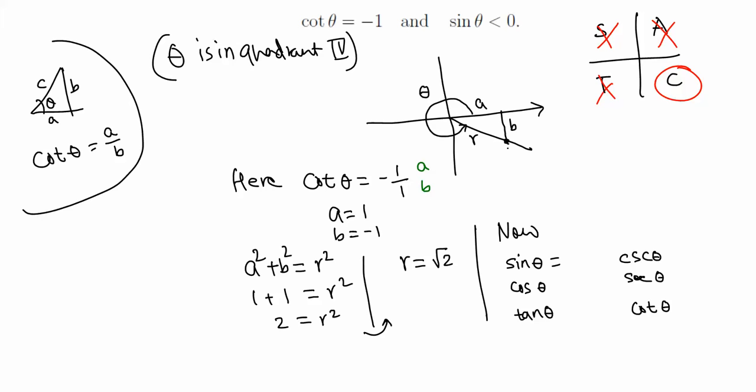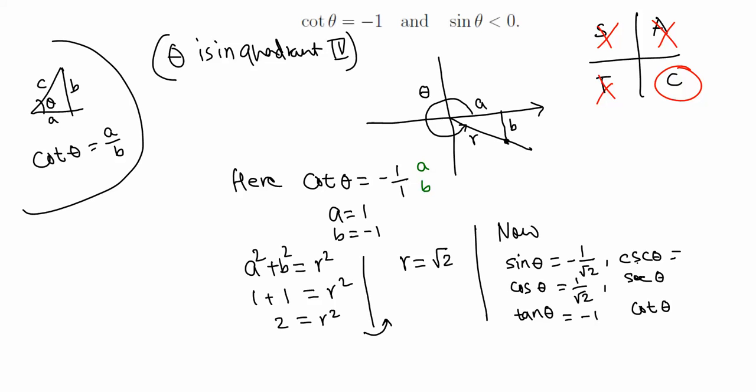Sine is b over r, so b is -1 over √2. Cosine is a over r, a is 1 over √2. Tangent is b over a, so b is -1 over 1, just -1.